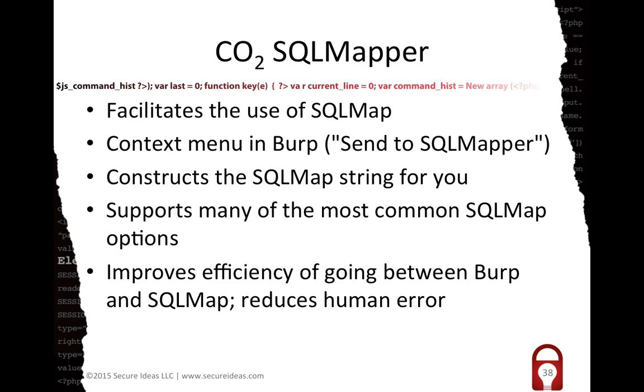I wanted to speed that up, make it more efficient, and reduce the amount of human error in that process. And so that's where I came up with this one. It constructs a string for you.